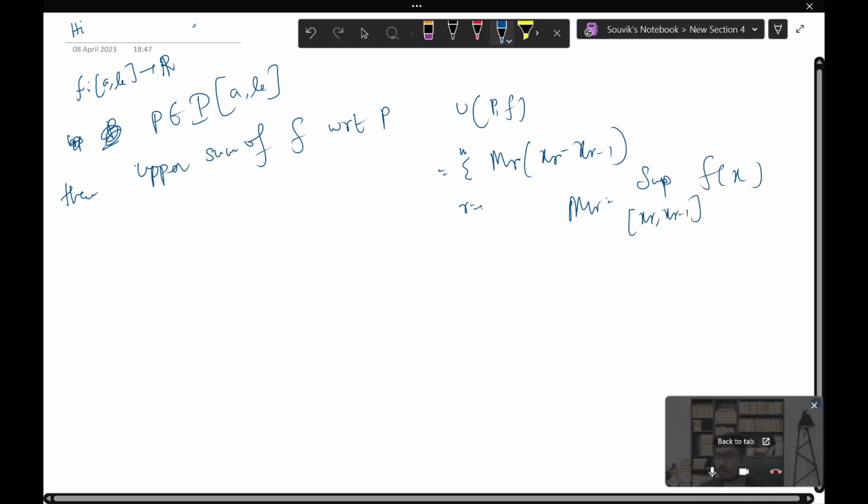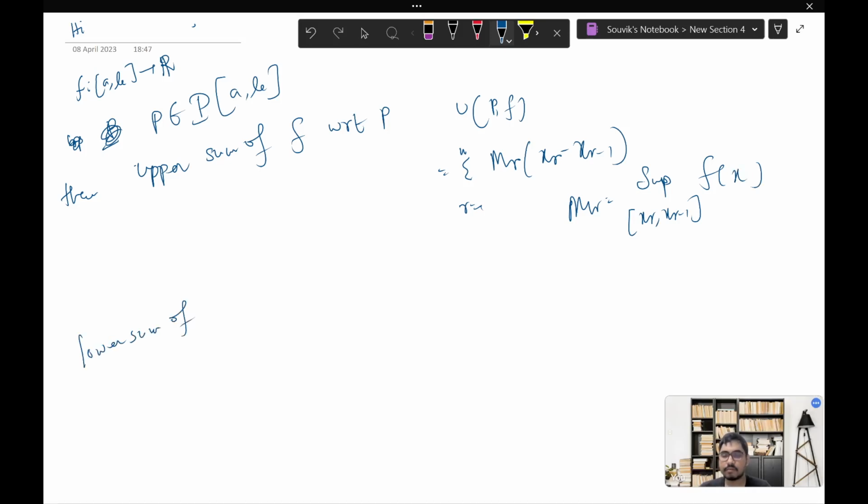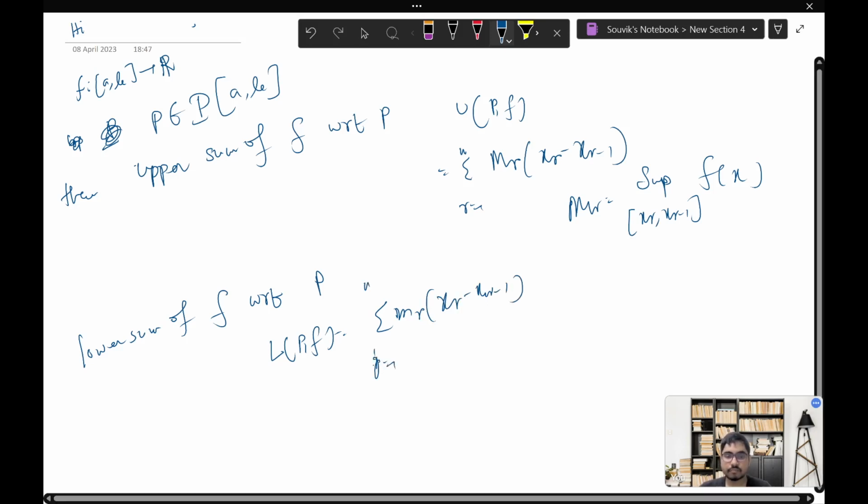And similarly, the lower sum of f with respect to P is defined as L(P,f), the summation of small m_r (x_r minus x_{r-1}), r equal to 1 to n.